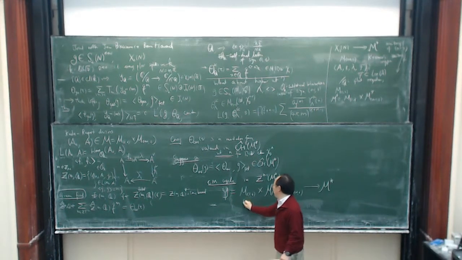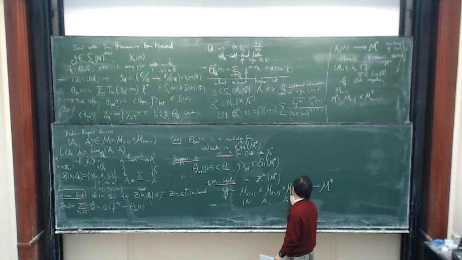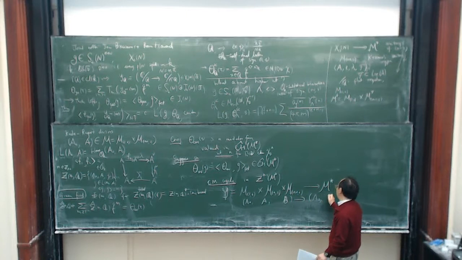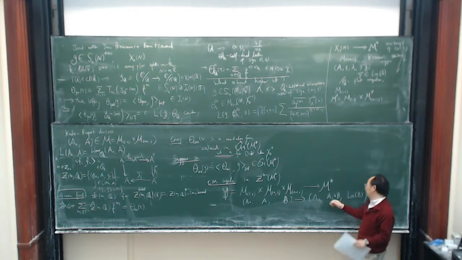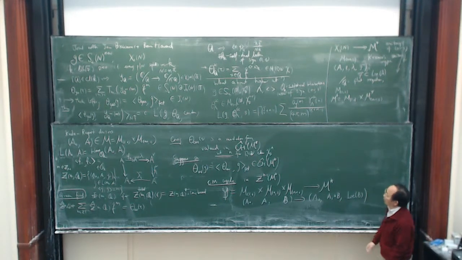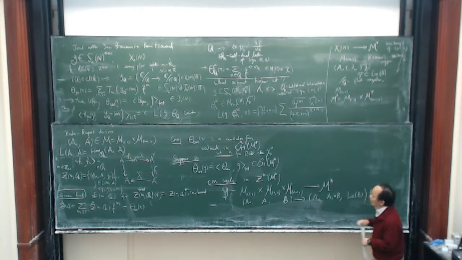Just do it like this: a0, a1, a, b equal to a0, a1, b. And the only thing is that the extra shift F will be just equal to the algebra of b, because that's a sub shift here. And this is dimension 0, so it's codimension n minus 1.